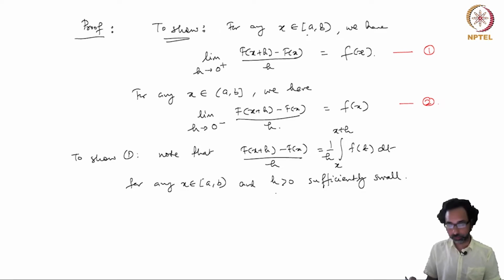So h should be sufficiently small depending on the value of x, so that x+h is not greater than b.